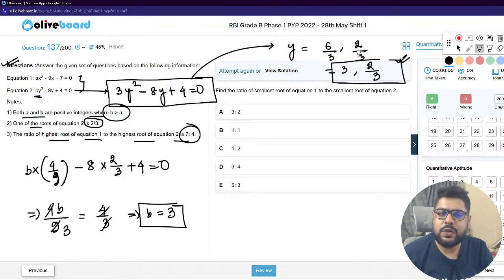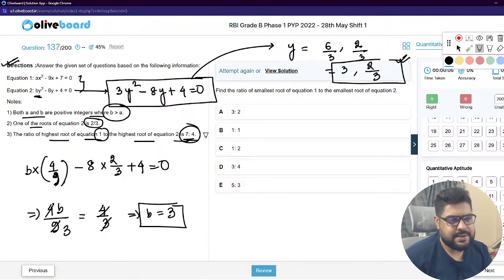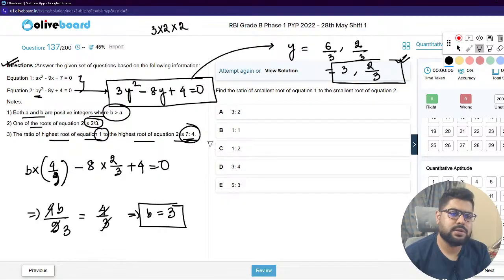So now they are saying the ratio of the highest root of equation 1 and 2 is 7:4. Just a second, sir. 3 into 2... 6 and 2 gives you 8, right? 6 and 2 gives you 8, 6 is this.